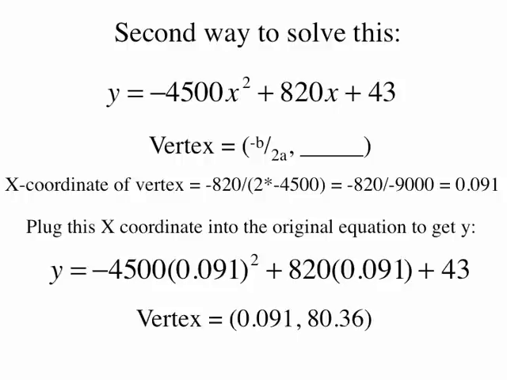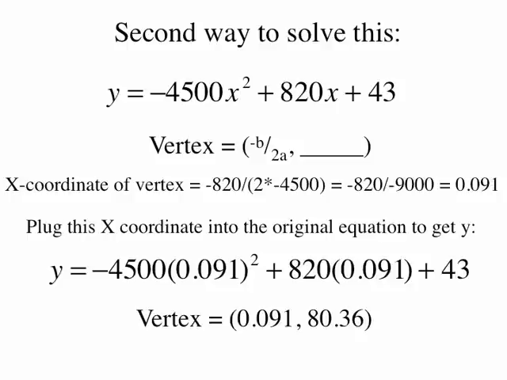Our graphing calculator has an option underneath the calc menu that'll help us find the coordinates of the vertex. So we select the calc menu and then tab down to where it says maximum, and it'll give us the coordinates of the vertex. There's a separate video in Moodle that shows you how to do this problem using your graphing calculator.